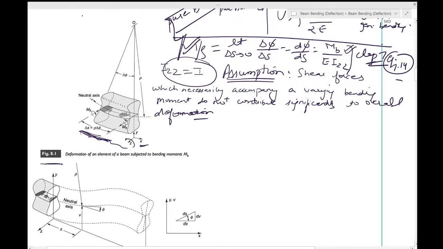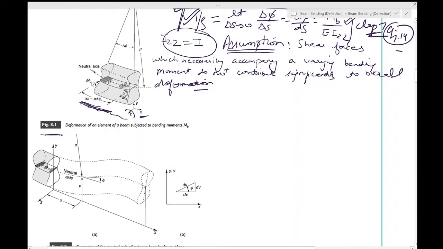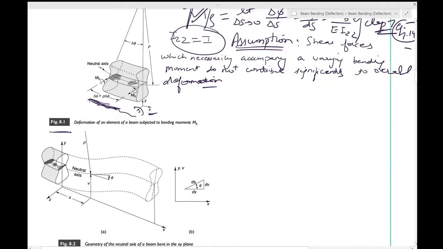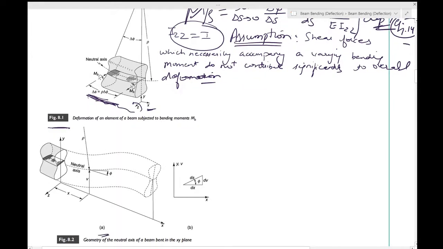How can we find the deflection of a beam? We start with the definition of the slope of a neutral axis. Let's see figure 8.2a. This is the beam, originally straight, and now it has deflected along this dashed geometry. So you start off with the slope: we can write dv by dx is equal to tan phi.